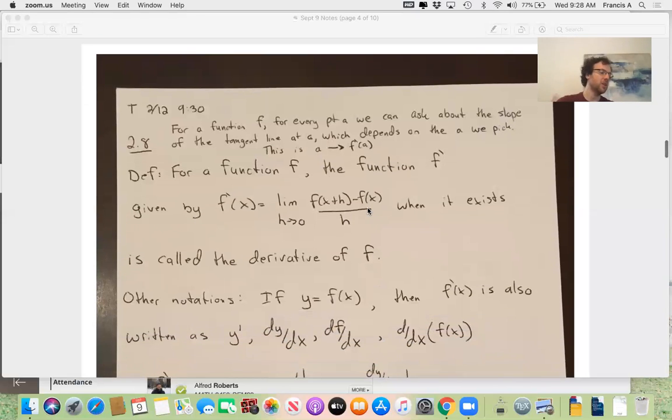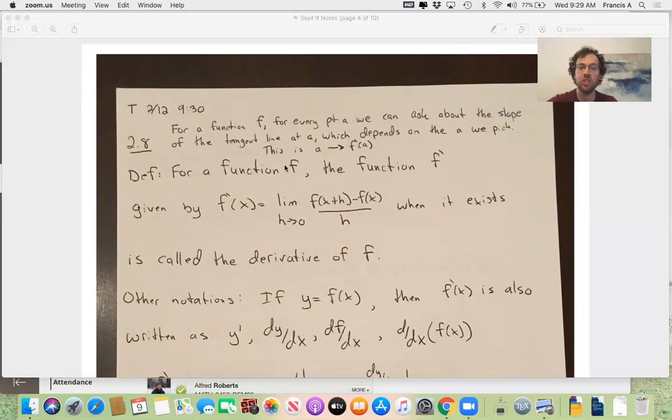So rather than thinking of the derivative at a point being a particular slope, we can think of them all at once as a function. So this is another, perhaps more important, way of thinking about the derivative.